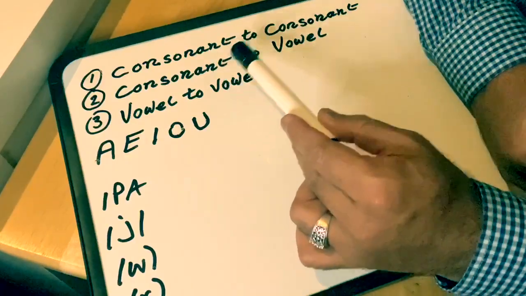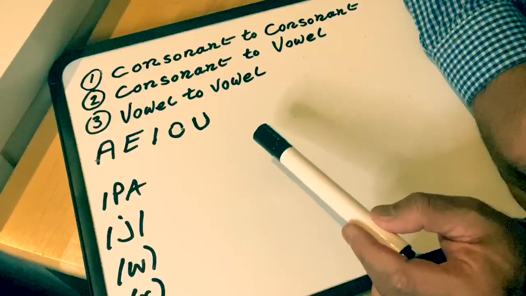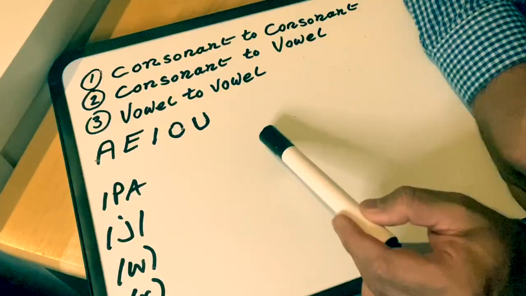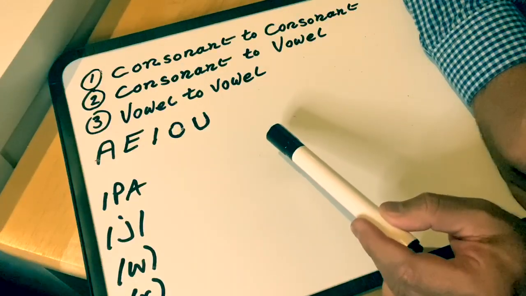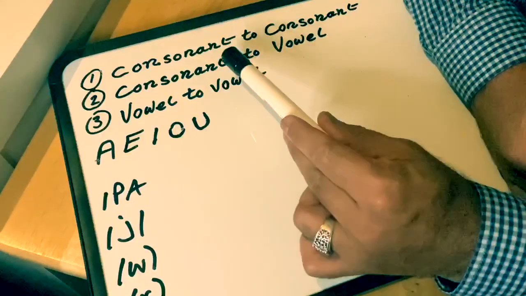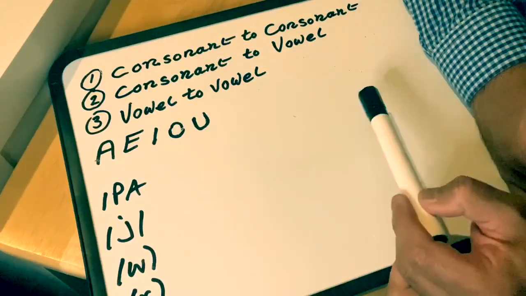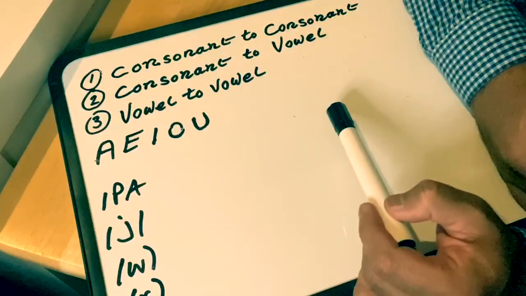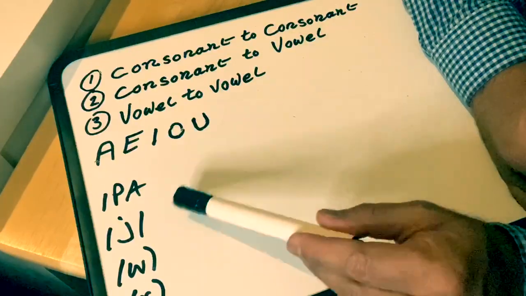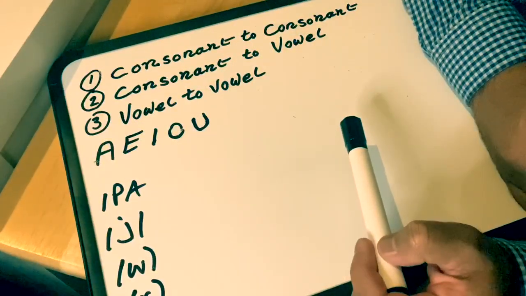Second one is consonant to vowel, which means that the word ends with a consonant and the next word starts with a vowel, you just connect the consonant to the next word. So you make the last consonant the beginning of the next word. And for vowel to vowel, like I said, you put an extra sound to connect and you choose one of the three, whichever one goes with the words.